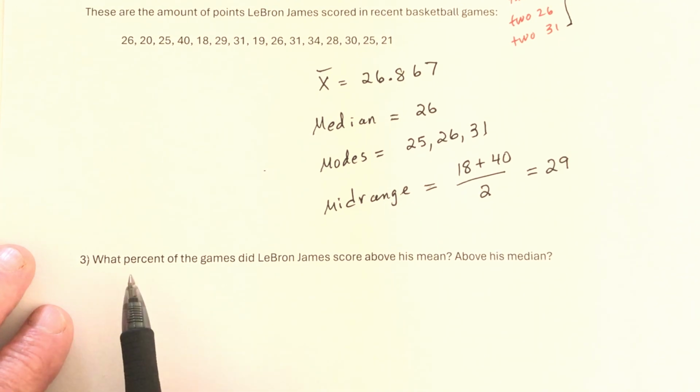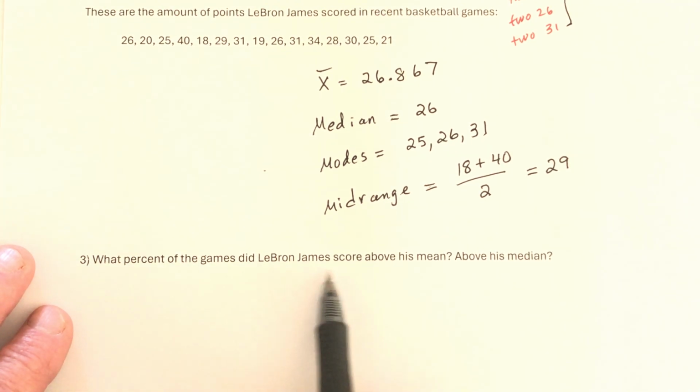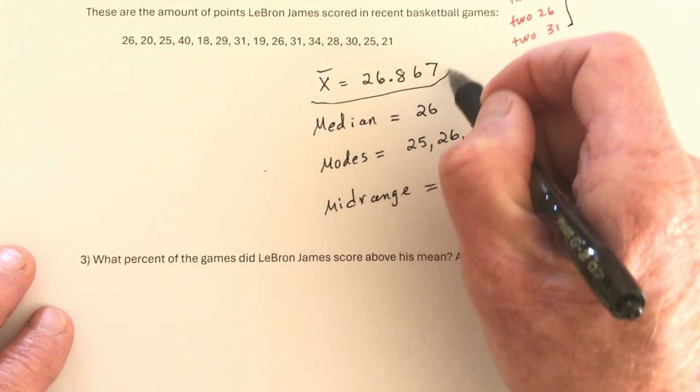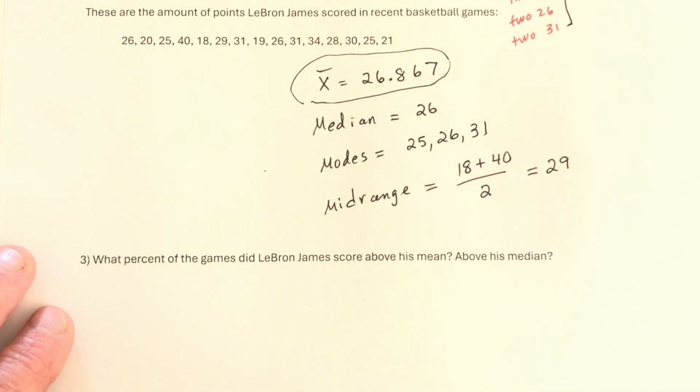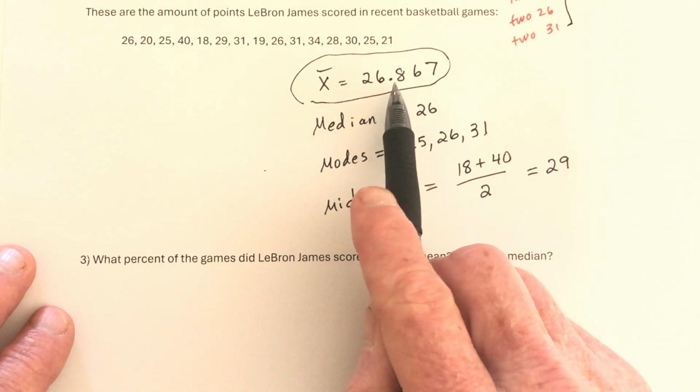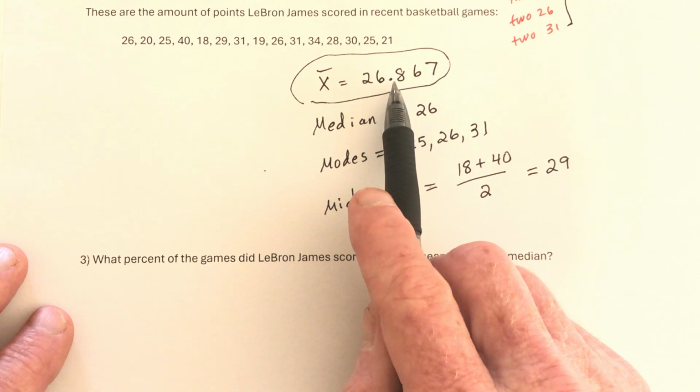And now, what percent of the games did LeBron score above his mean? So in other words, how many games did he score above 26.8? So basically that means 27 or better.